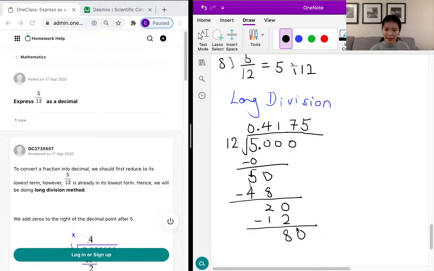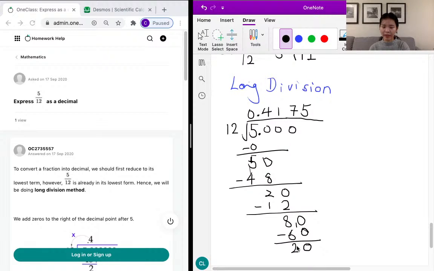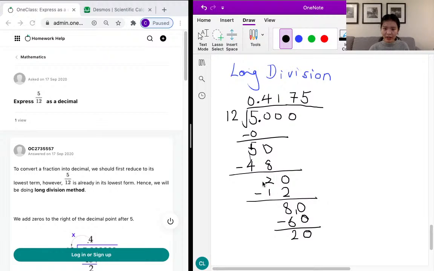So we have 80, and we have 12 times 5. 2 times 5 is 10, 1 times 5 is 5, and that would give us 60. So 80 minus 60, you would think we have a remainder of 20. However, the remainder is larger than the 12 over here.